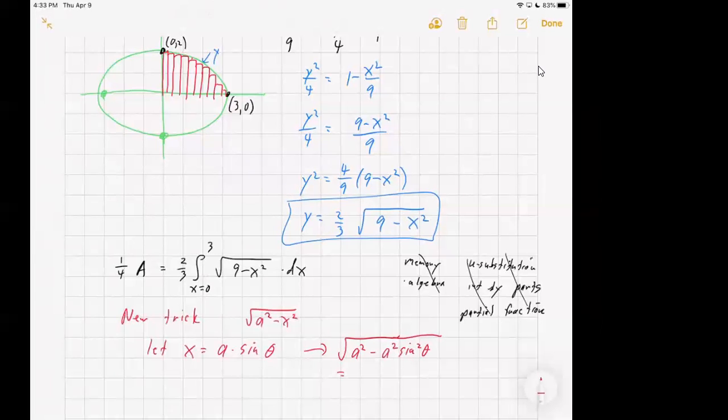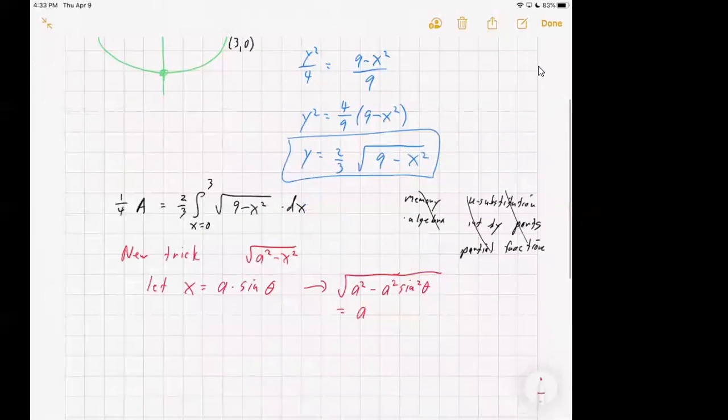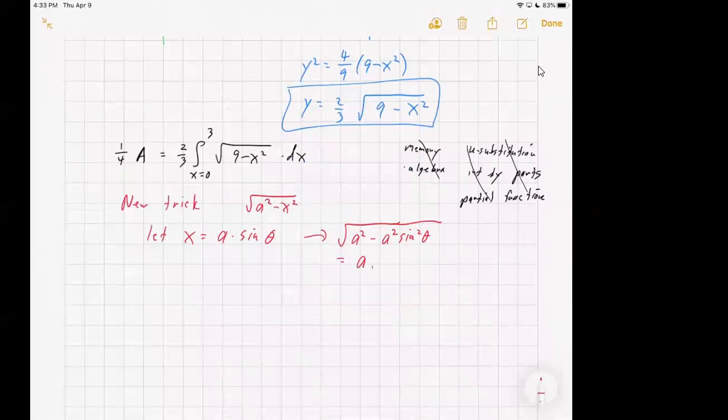You can factor out an a squared, take it out of the square root, and you're left with 1 minus sine squared theta. Since sine squared theta plus cosine squared theta equals 1, 1 minus sine squared theta is just the cosine squared of theta. So this is just a times the cosine of theta.